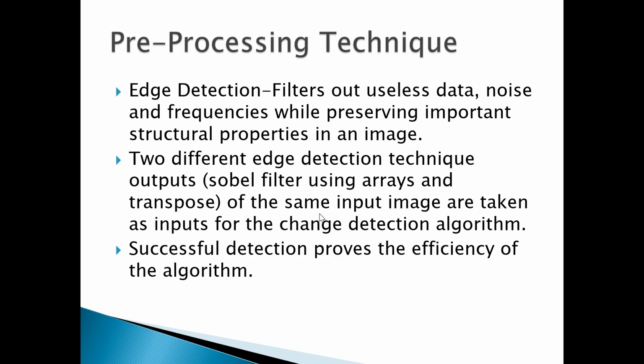So basically what I did was I took the outputs obtained after the edge detection of the same image using two different techniques and supplied these two as inputs to my GUI, to my algorithm.